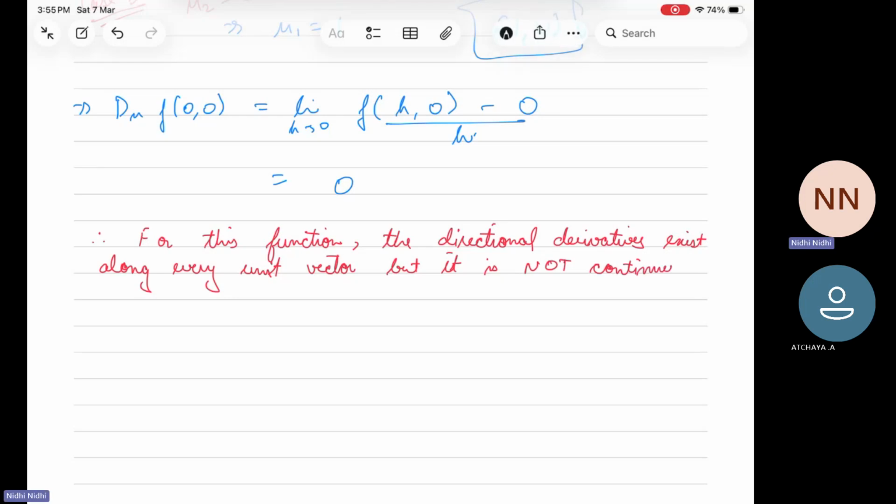But the statement was saying that if the directional derivative exists in all directions, then the function must be continuous. Therefore, the given statement is false.